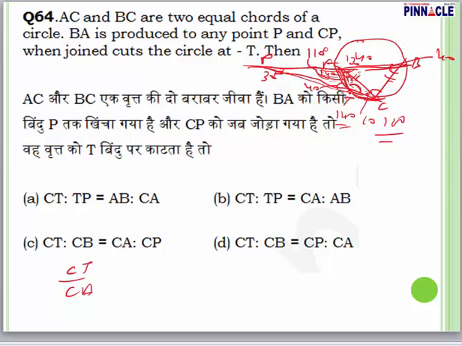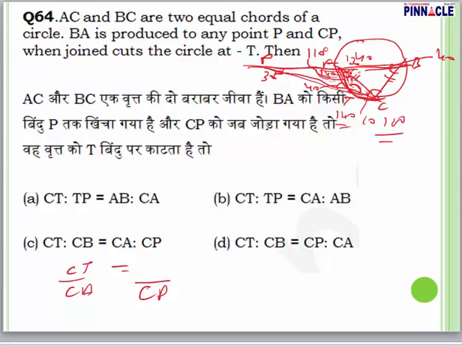So CT, that is the angle, this is 140 and 10 angle, divided by CA, which is just opposite the 140 angle. So in case of this 140 angle, opposite is PC, yes, CP, we have written here CP. And in place of CT, this is CT, this is 10 and 140 angle.